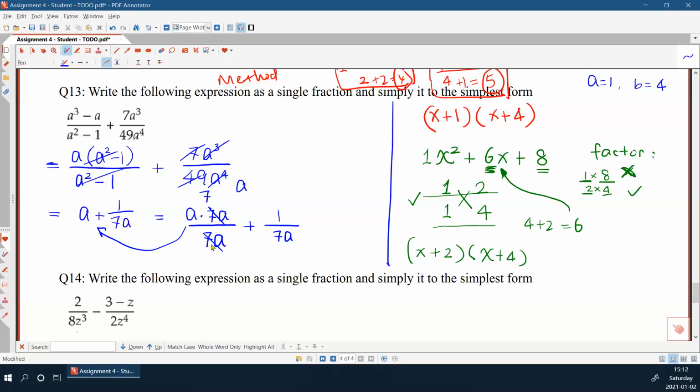That means this step is correct to the previous step. Okay, so the final result is 7a as the denominator, and 7a squared plus 1 as numerator. This is the final result. Okay? Any questions?